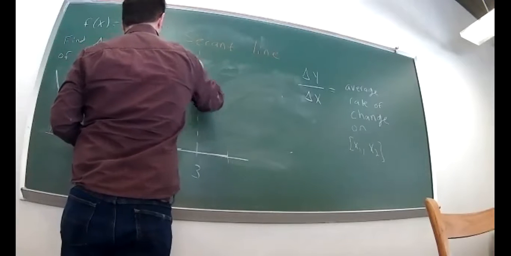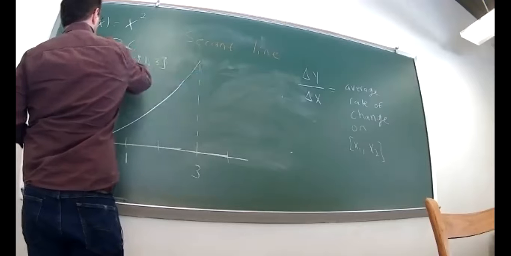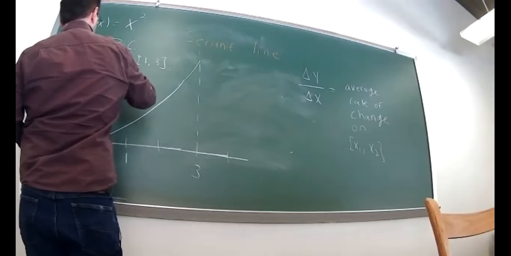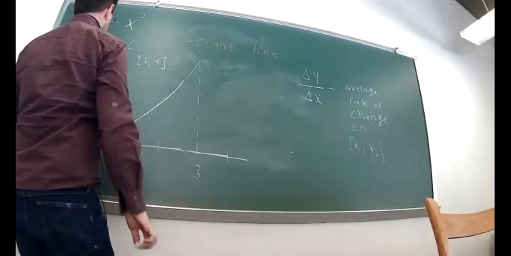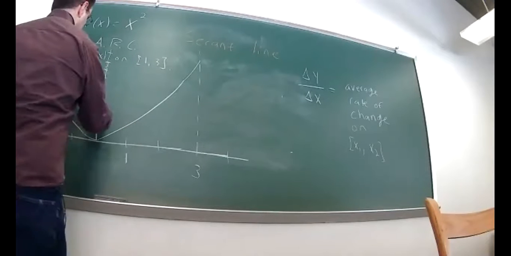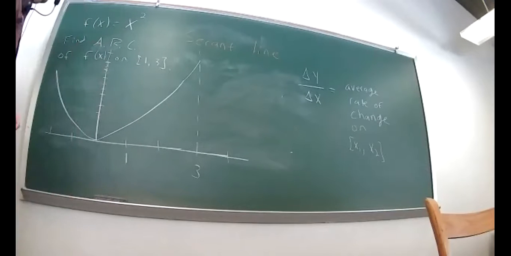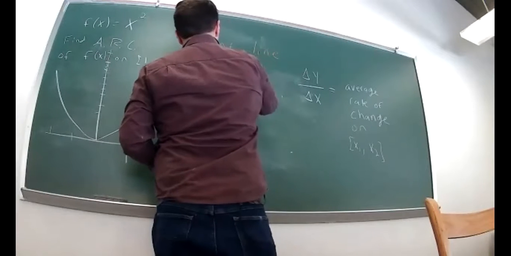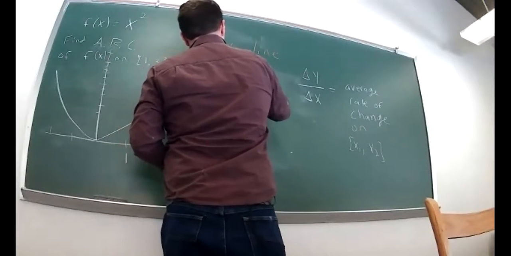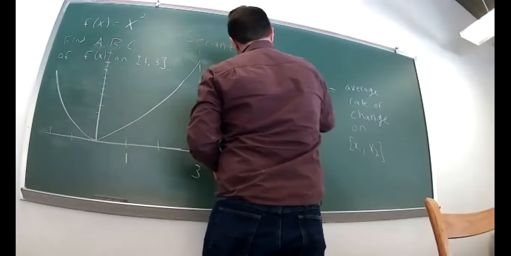Obviously not exact, of course. You just want to calculate delta y over delta x, which is y2 minus y1 over x2 minus x1.